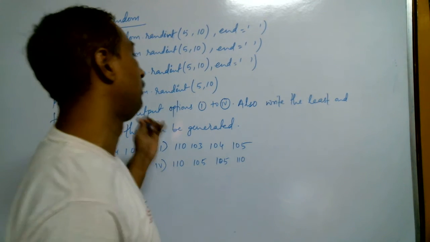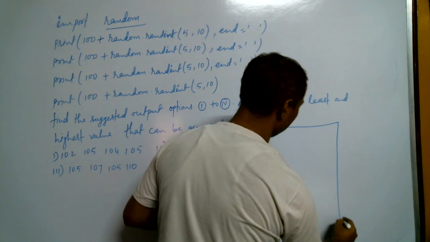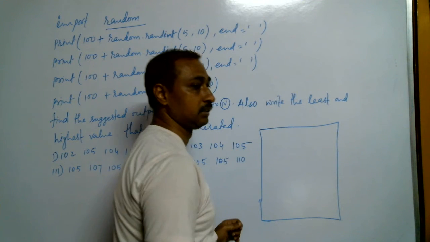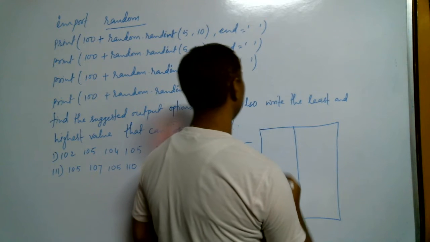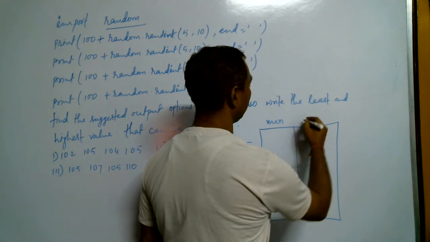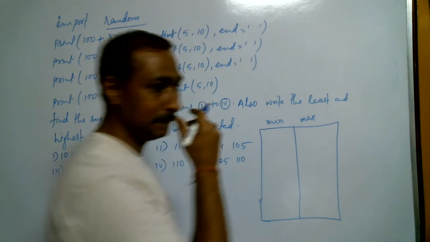So first we will make a table for the minimum value and maximum value returned by the randint function. We'll make 2 columns. The first one is minimum and the second one is maximum.